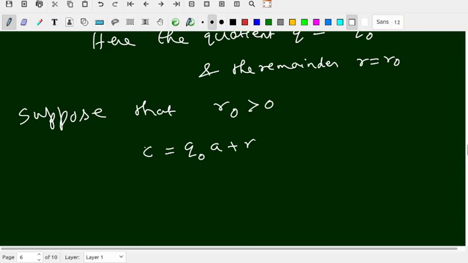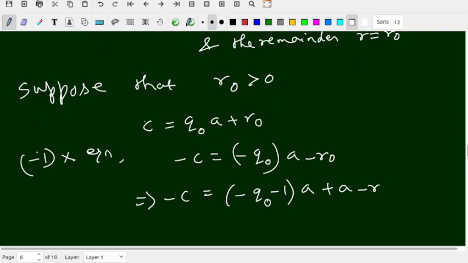Here I take minus q naught minus 1 into a, so a is subtracted and added to equalize that. The subtraction of a is combined with the minus q naught, and the addition is taken here.